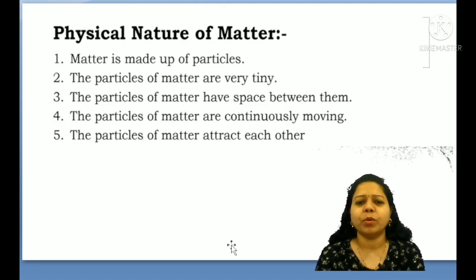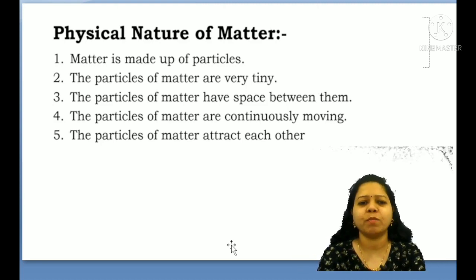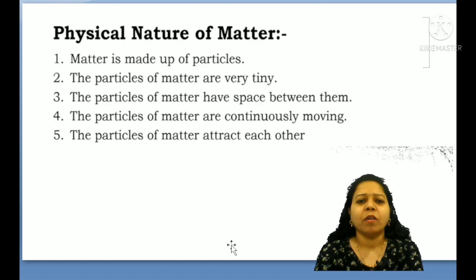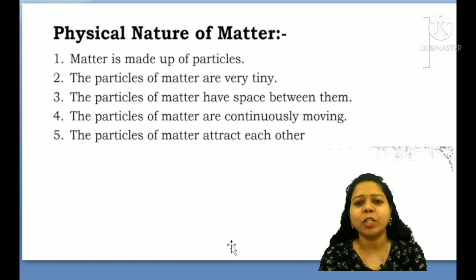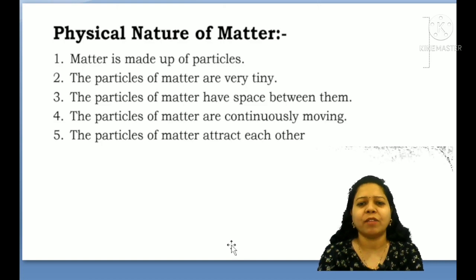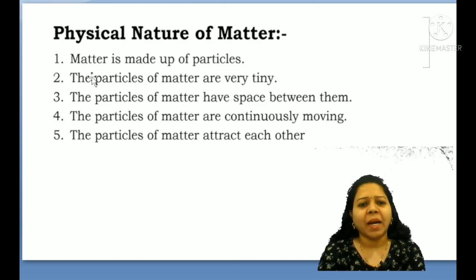Now, before understanding the properties of all 3 states and homogeneous mixture and heterogeneous mixture, we'll see what is the physical nature of matter. Means what are the properties of matter, first we'll understand, and after that we'll see the properties of solid, liquid and gas. Matter is made up of particles.